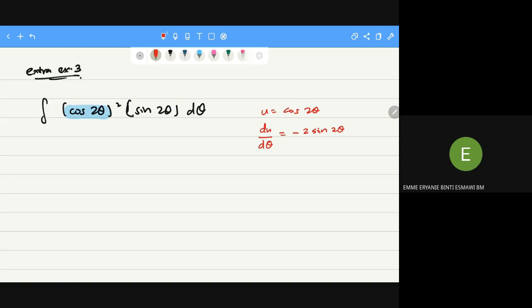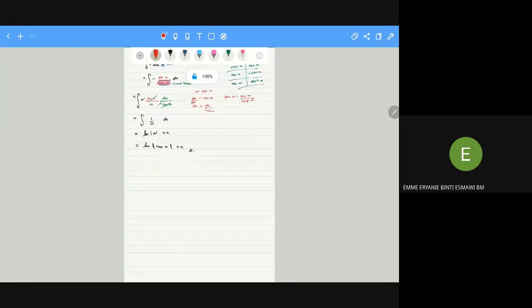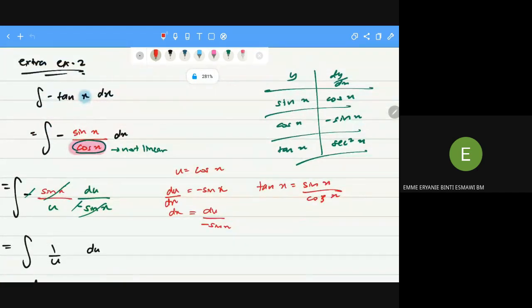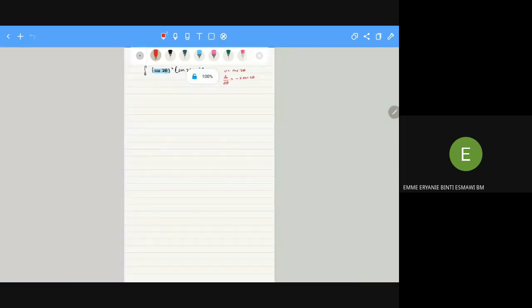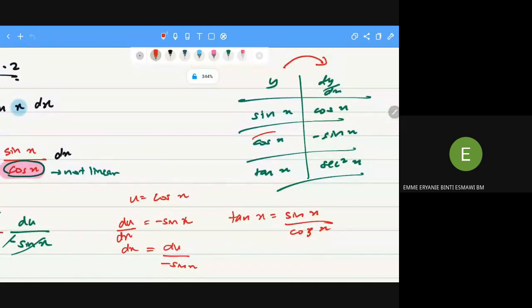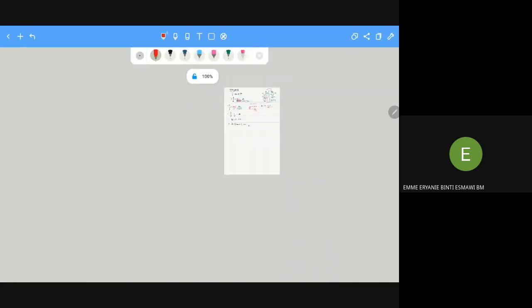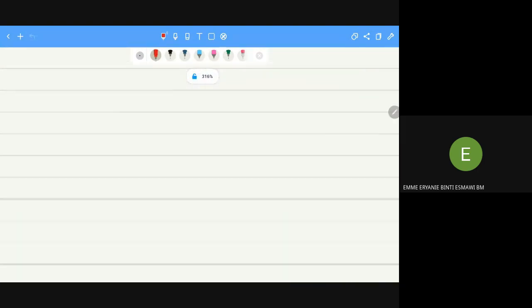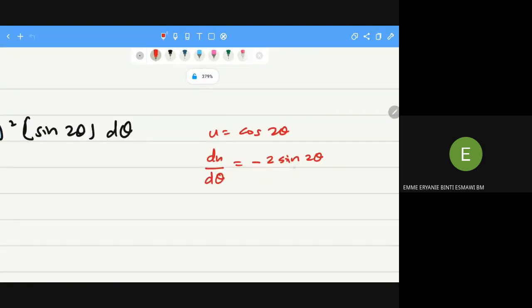Okay, kena ingat kalau kita nak differentiate, okay, kita ada table tu tadi kan. Okay, so kalau differentiate maksudnya kita just tengok ke sebelah sini lah. Okay, so sekarang ni tadi we want to differentiate cos. So we look at cos on the left side of the table dan tengok jawapan di belah kanan, oh negative sign. So kita first pergi tulis dulu negative sign. Then write the angle 2 theta.